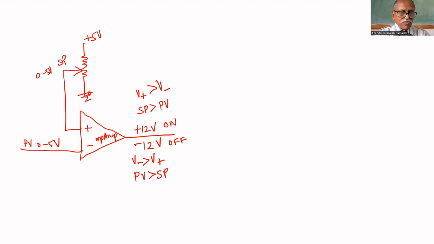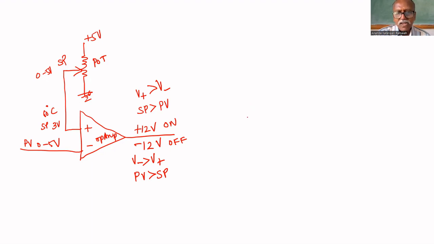That's all. So we got the on-off controller. Here the open loop op-amp acts as an on-off controller. The set point is generated by this part. So you can adjust this part so that you can give 3 volt as the set point for 60 degrees centigrade. So here the output will be 12 volt or minus 12 volt.